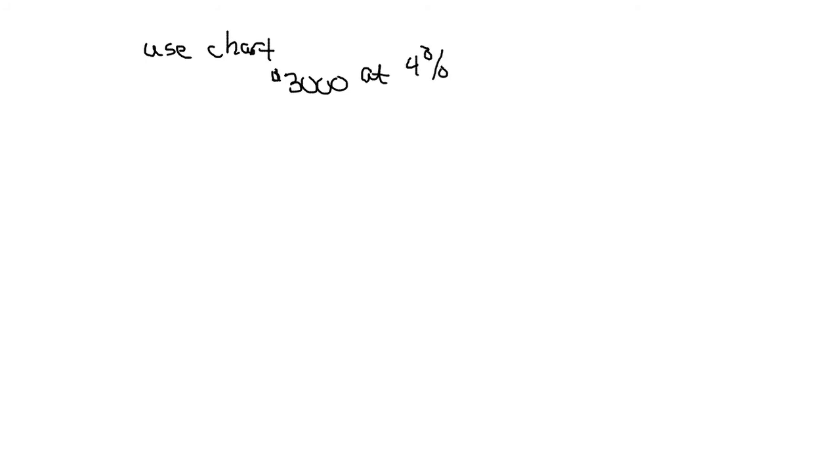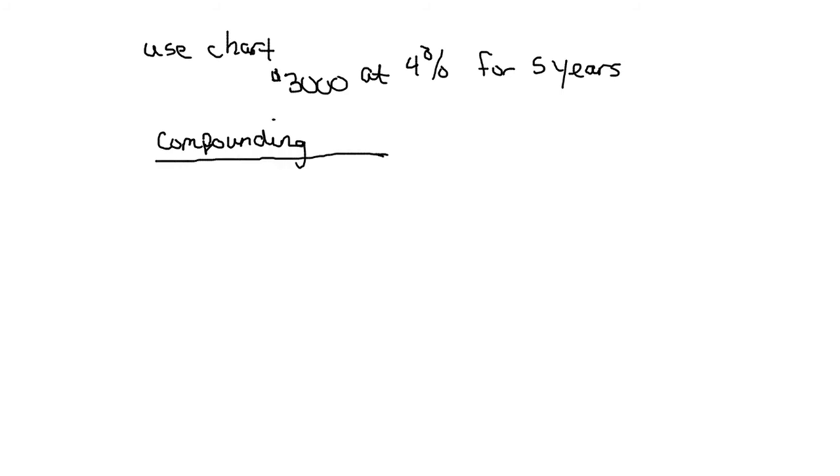So again, you'll look at that chart at the 4% and then at 5 years. Now it asks for a couple different things. Inside the problem, it'll say compounding, because we want to know what our money would look like if it was compounded more than once a year. So under the compounding, there is annually, which is once a year.